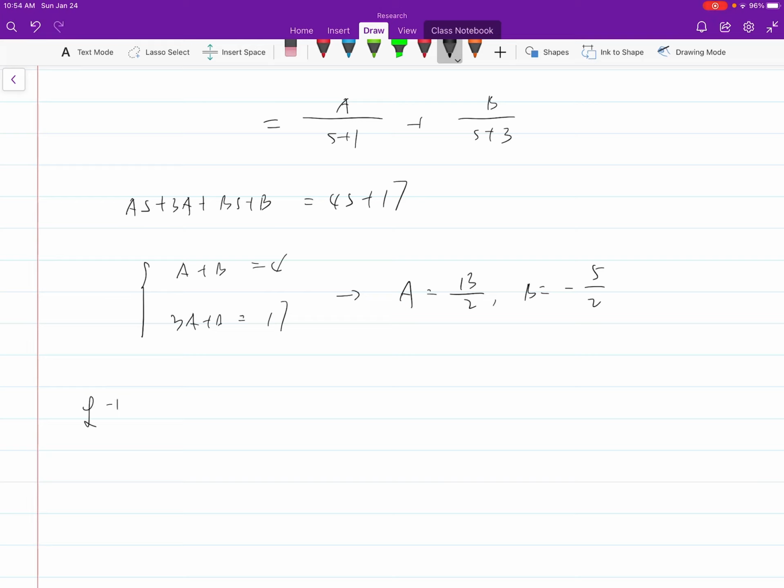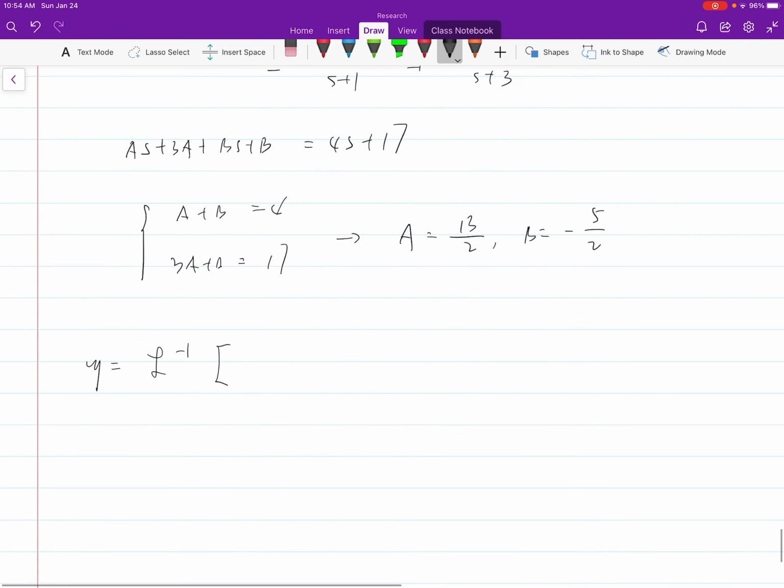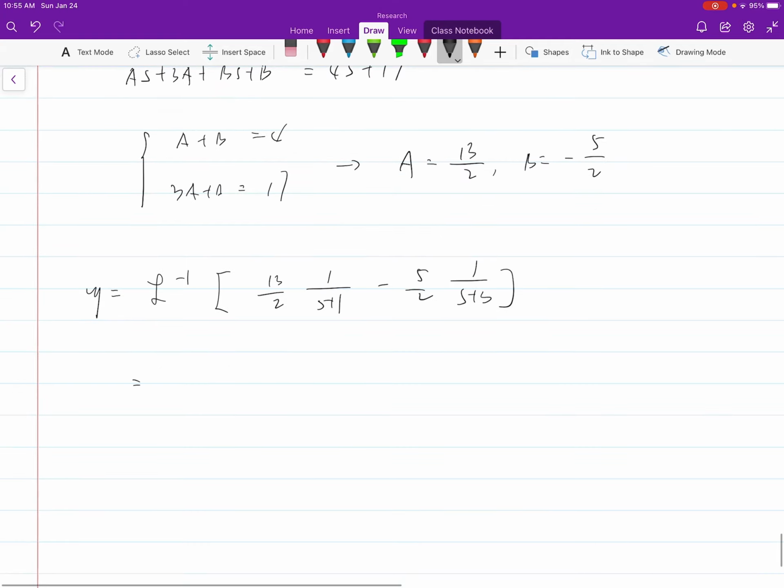So finally, L inverse, we split them, so minus.